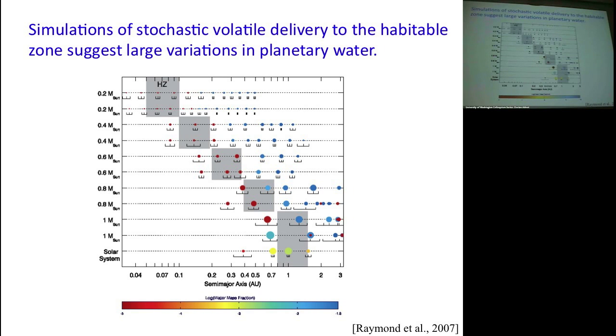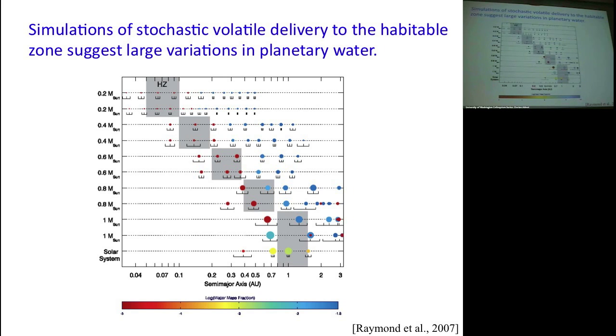Okay, so I just argued that continental weathering and seafloor weathering could behave very differently. But at the same time, we have numerical simulations that suggest that planets in the habitable zone of stars like the sun could have vastly different quantities of water delivered to them, by orders of magnitude.